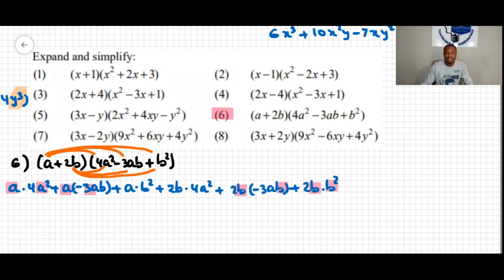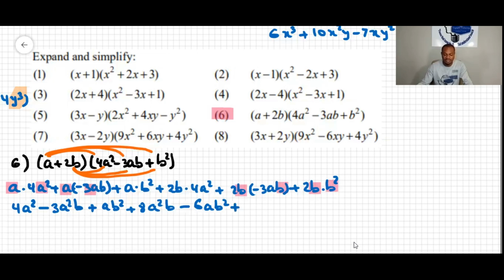Now a times 4a squared will be 4a squared, and then positive and negative will make negative. That makes 3a squared b plus ab squared plus 2b times 4ab squared will make 8, 2 times 4, 8. So a squared b, plus, okay, positive and negative here would make negative. That will make negative 6ab squared plus 2b to the power 3.